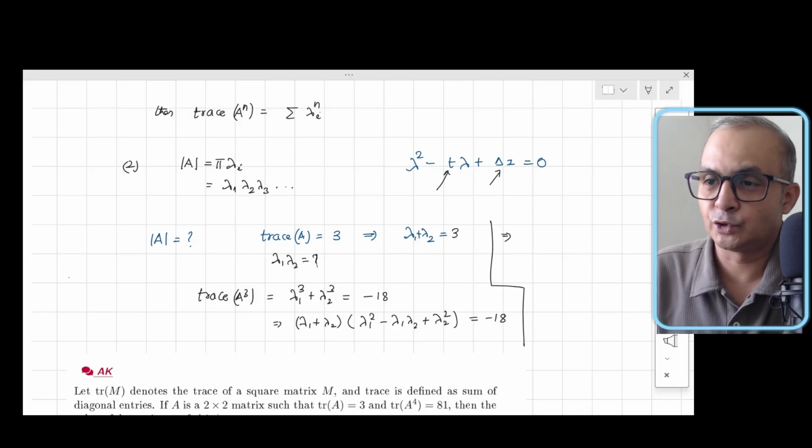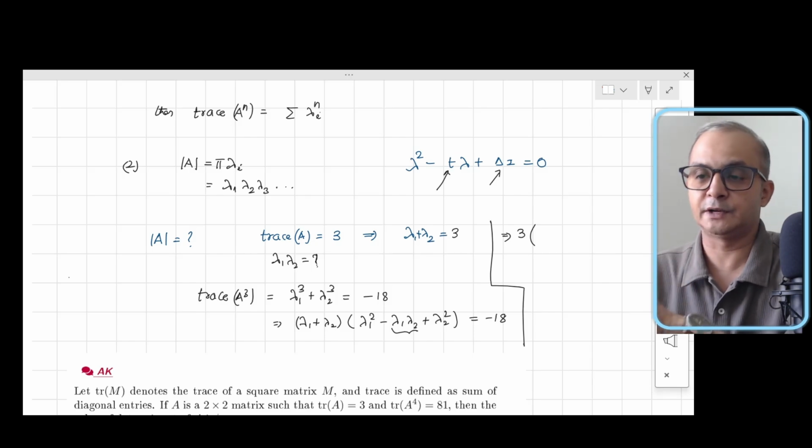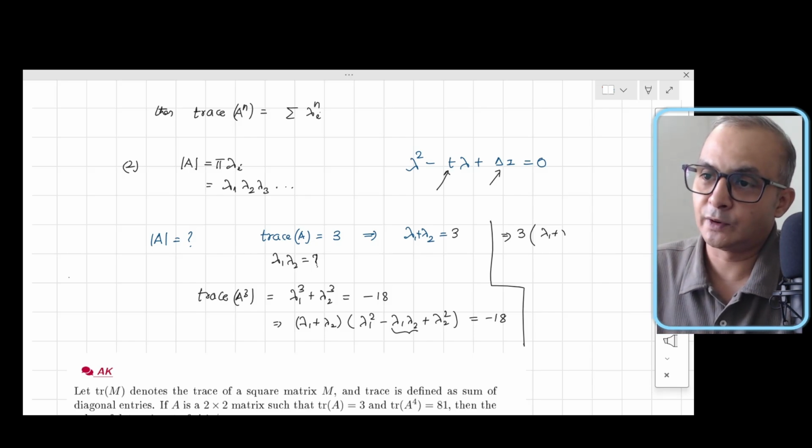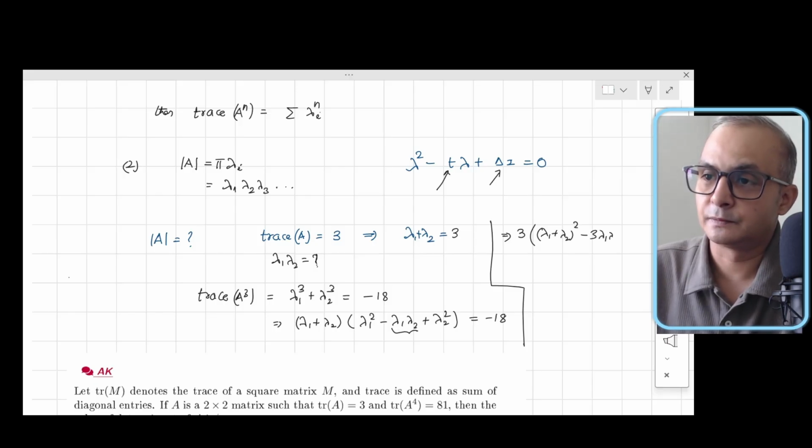Lambda 1 plus lambda 2 is nothing but 3. Lambda 1 into lambda 2 I have to find out. I can write lambda 1 square plus lambda 2 square as lambda 1 plus lambda 2 the whole square minus 2 lambda 1 lambda 2. So directly: lambda 1 plus lambda 2 the whole square minus 3 lambda 1 lambda 2 is equal to negative 18.